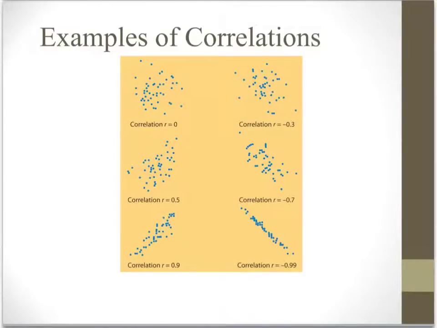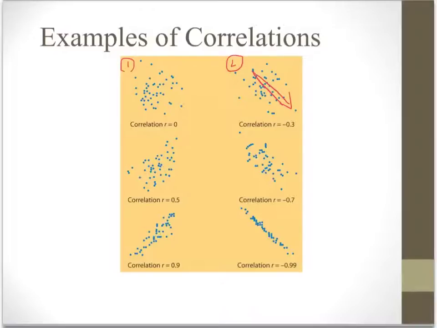So here are some examples. In this first one, we'll call this one number 1, the correlation when it was calculated is 0. There's no linear relationship there whatsoever. Here in number 2, there's a slight downward relationship.